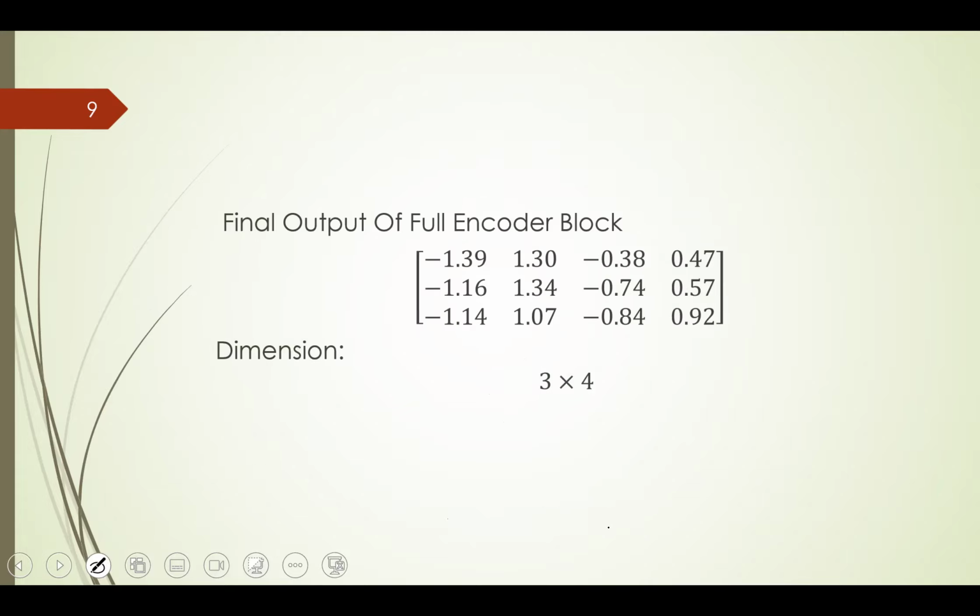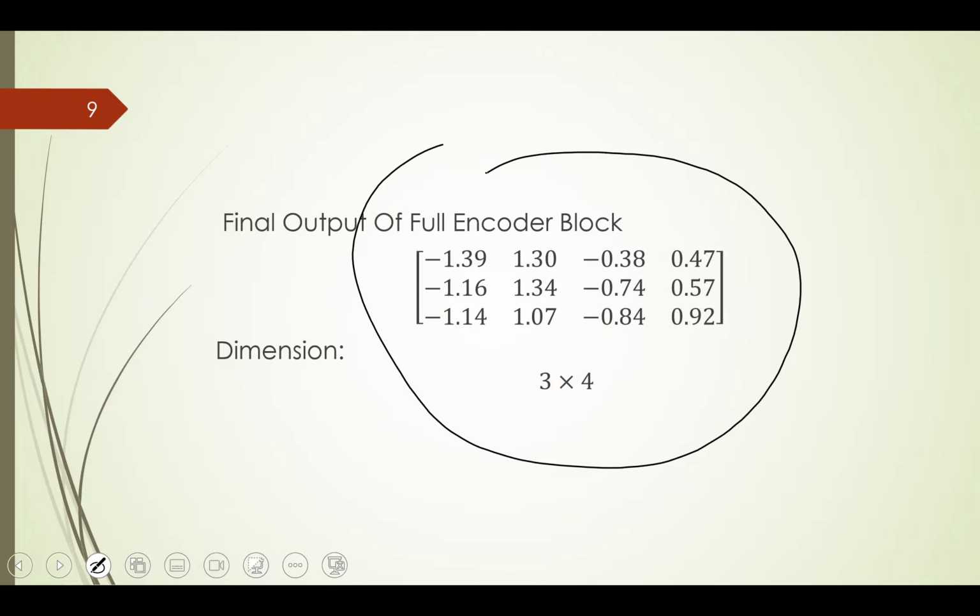So the final output of the full encoder block is this 3 by 4 matrix. It is ready to go into the decoder, and we will explain the decoder with this contribution from the encoder so that we can translate "I like Rojava" into Arabic.